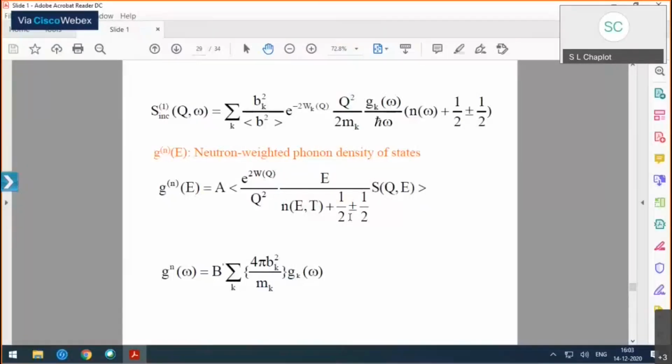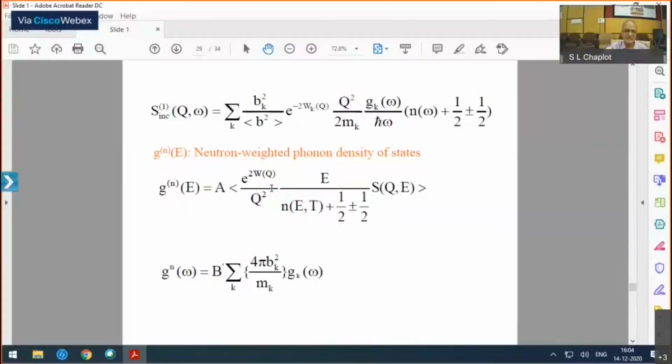It varies. It also strongly depends on which atom you're talking about. Suppose it's a system in which you have a light atom and a heavy atom, and the mean square displacements or the thermal vibrational amplitudes are very different for the light and heavy atoms. Normally, the heavy atom tends to have a smaller value, and the light atom has a larger value. So, Debye-Waller factors can be different.